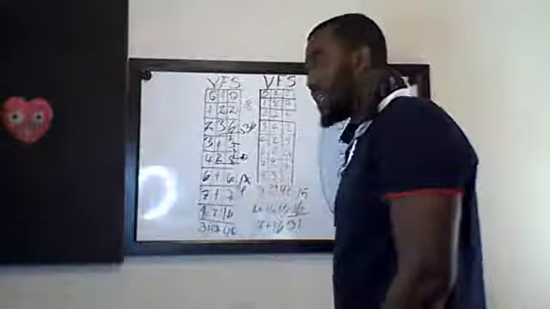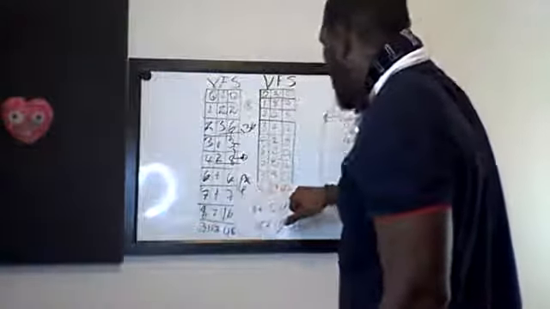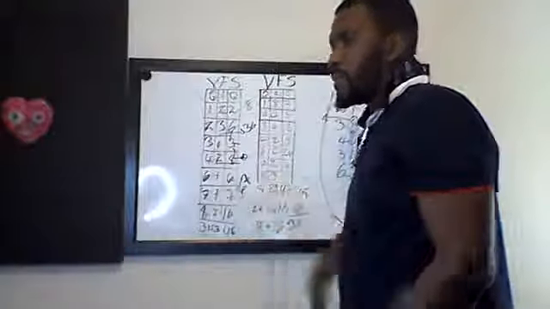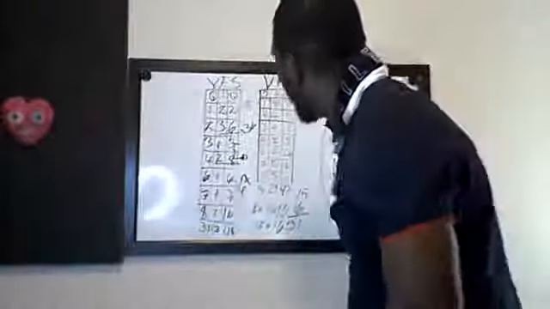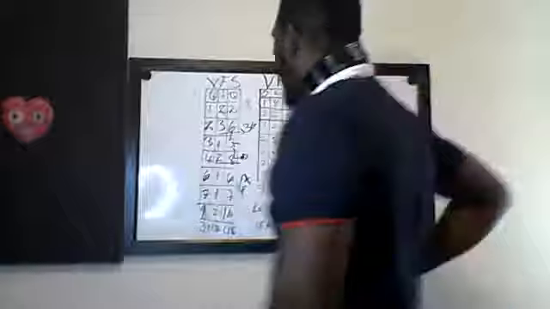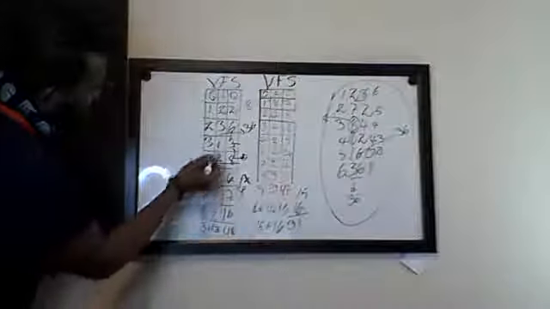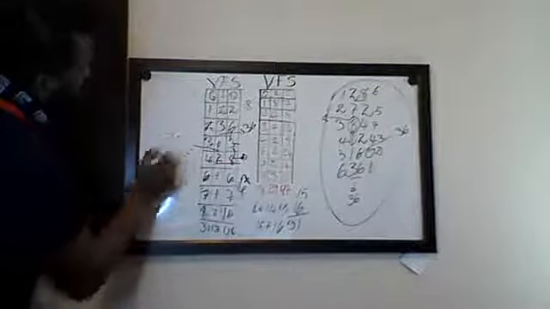I add all of them together, it still gives me the first number. That means maybe 31 is on the air. And I got 31 right here. You see it?